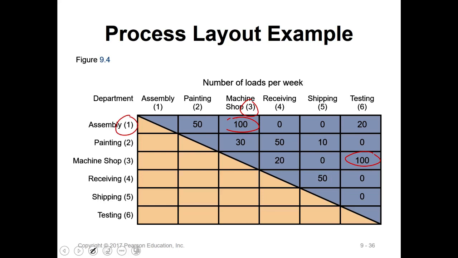The rest: 2 and 1 is 50, 2 and 4, and 4 and 5 is 50. But the 20, 30, and 10, compared with the rest of the numbers, maybe we should focus on the 150 when you think about your layout.